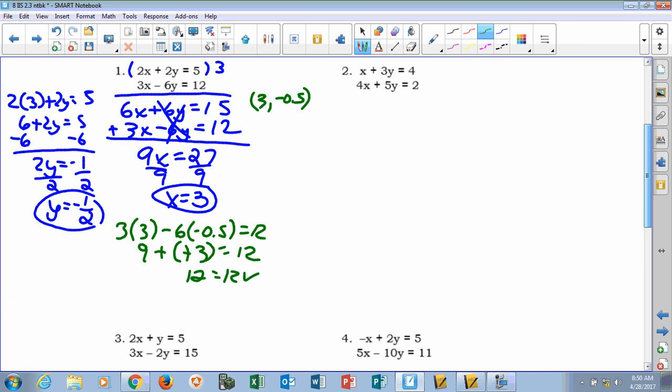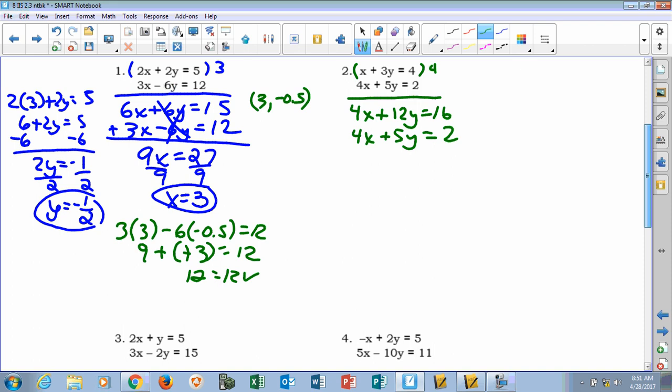So we have to multiply the top equation by what? If this is x and this is 4x, we want the same number, 4. Very good. So if I multiply the whole thing by 4, I get 4x plus 12y equals 16. And let's copy the second one. Am I adding or subtracting?